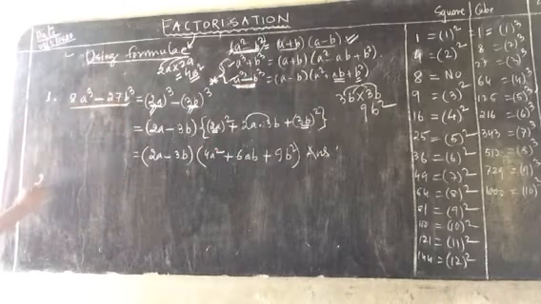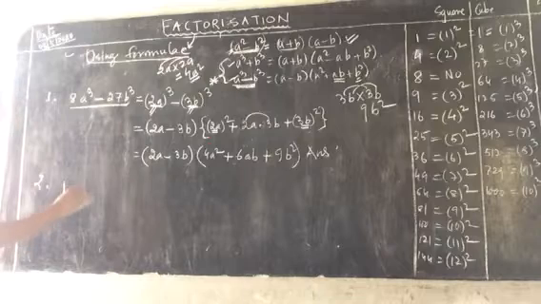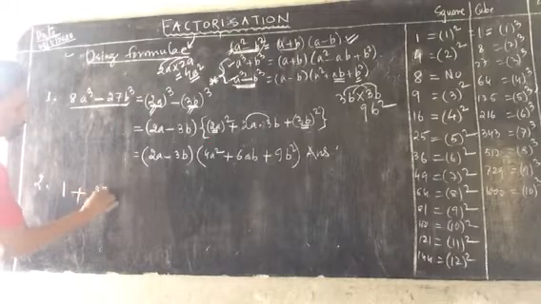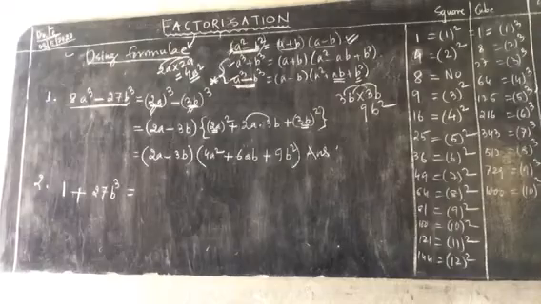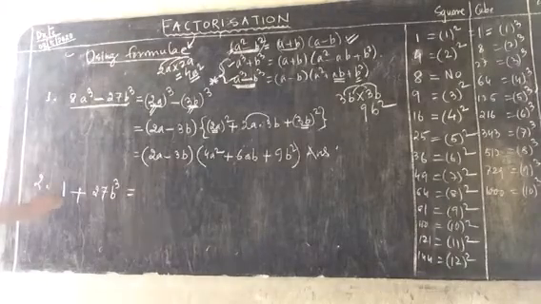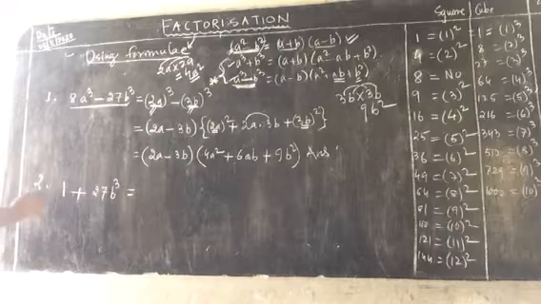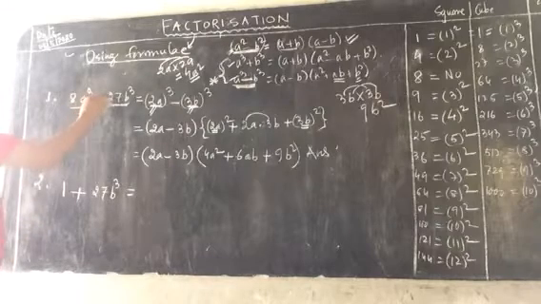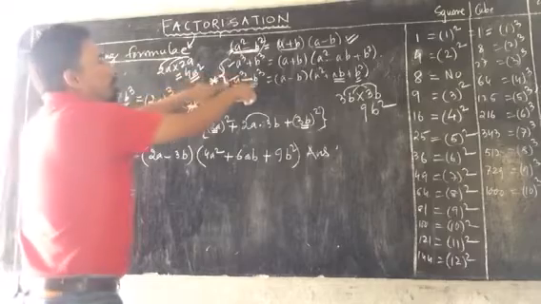So another example. 1 plus 27b cube. Another example I am taking here. You see here, 1 plus 27b cube. So again, now what was here? Minus. So we expressed that expression into this form.